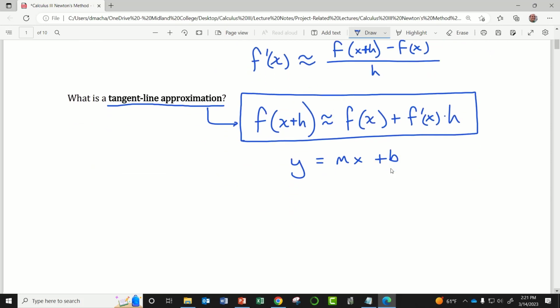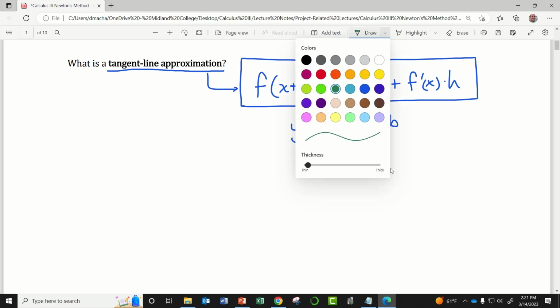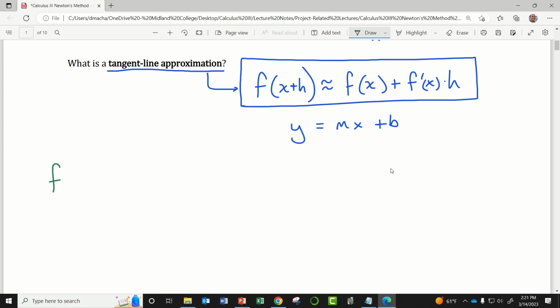And this tangent line approximation is pretty darn good. In fact, another way I could write this is I could write f of x plus h is equal to f of x plus f prime of x times h plus, and then what I'm adding on the end here is an error term.